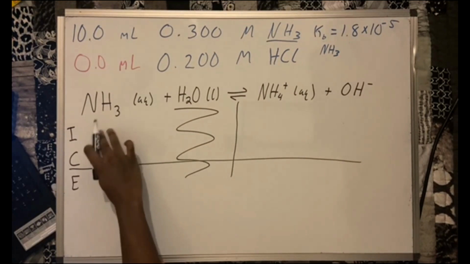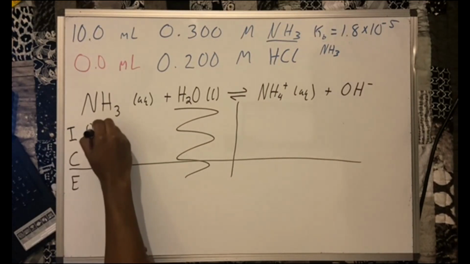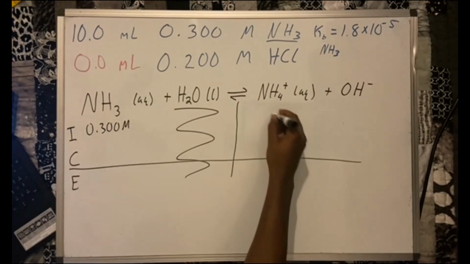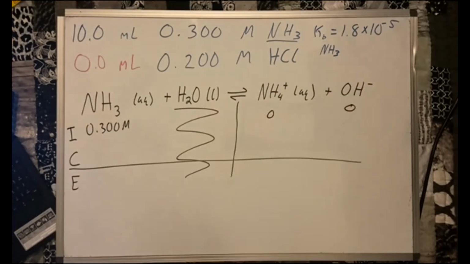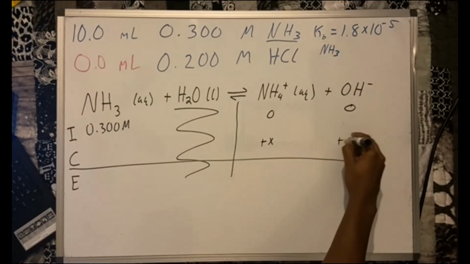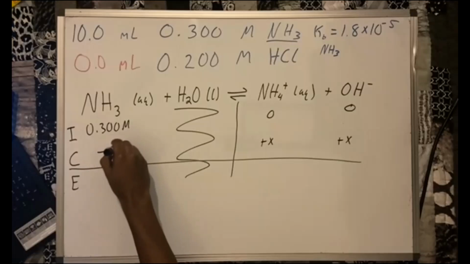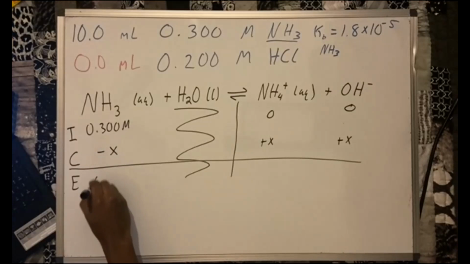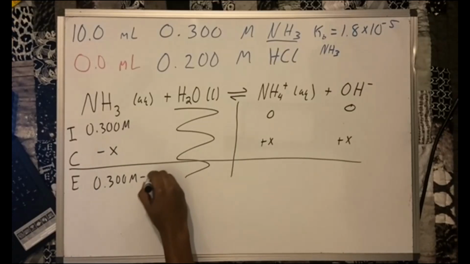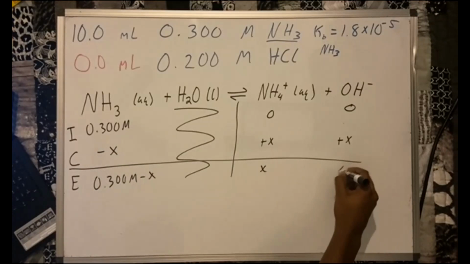So initially we start off with 0.300 concentration, 0 here, 0 there. Since we have zeros, we need plus x, minus x. So I get 0.300 molar minus x, x and x.